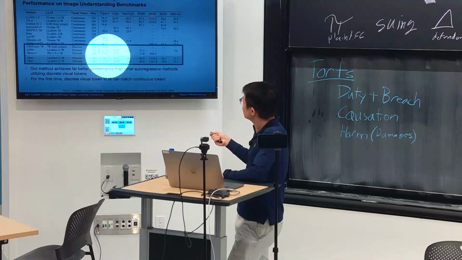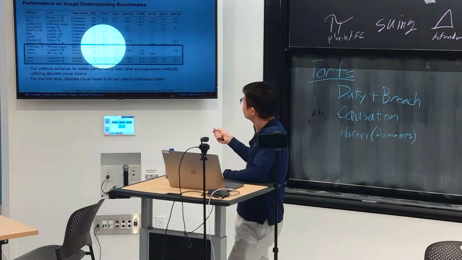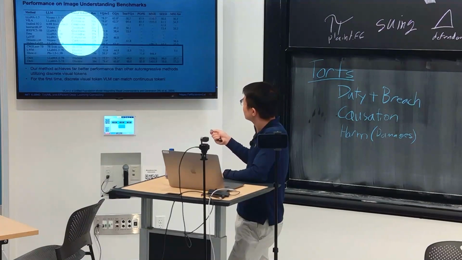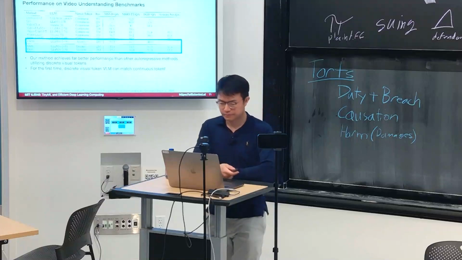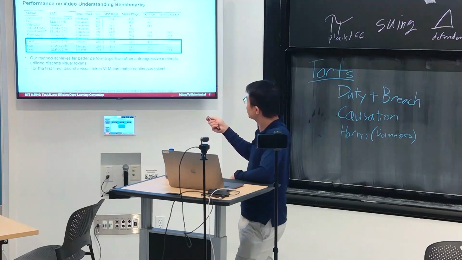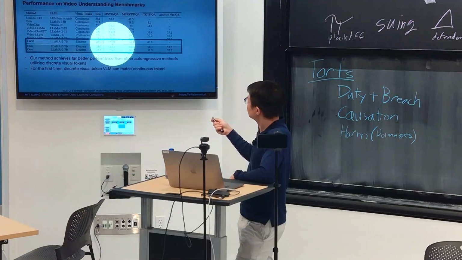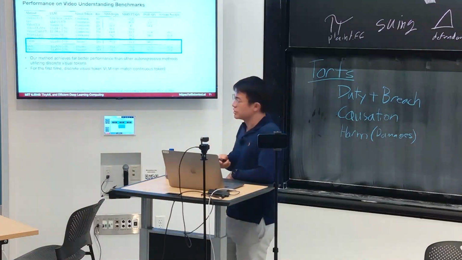This is on the image understanding benchmarks: double-digit improvement using discrete tokens compared with baseline approaches, and it almost matches the performance of models using continuous tokens. Now we are using discrete tokens. And also on video understanding benchmarks, again, double-digit improvement over prior work and it matches the accuracy of continuous tokens.